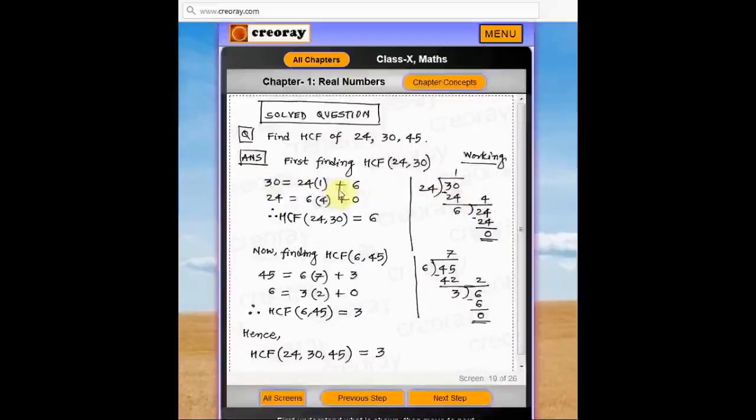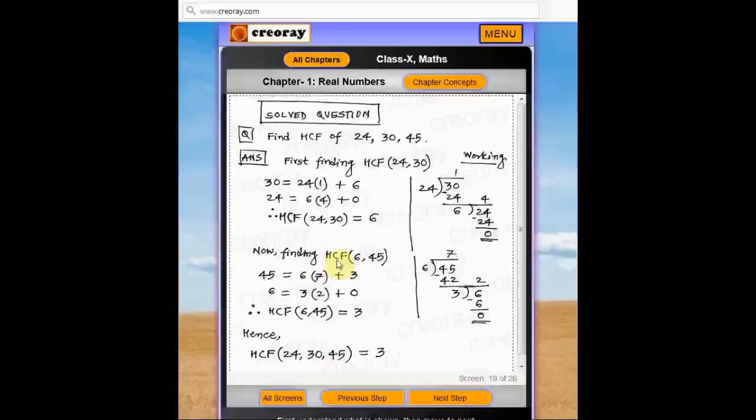So the first step gives me 30 equals 24 times 1 plus, what's the remainder? 6. 6 is the remainder, so division is continued. 24 equals 6 times 4 plus, what's the remainder? 0. So I can stop the division. The HCF of 24 and 30 is 6. The first part is done.